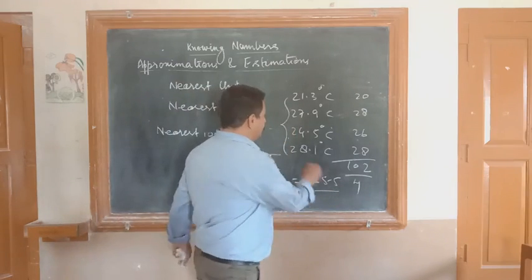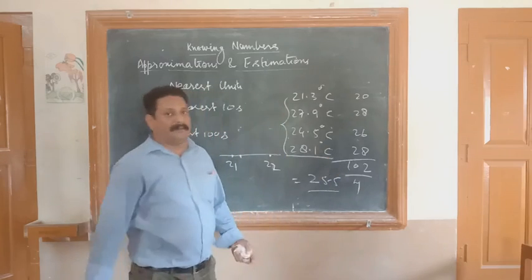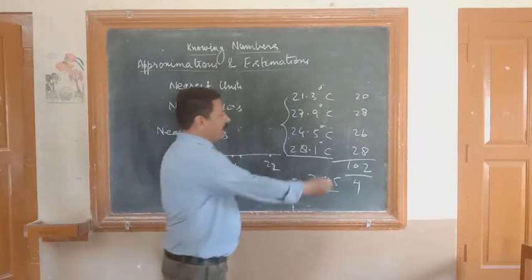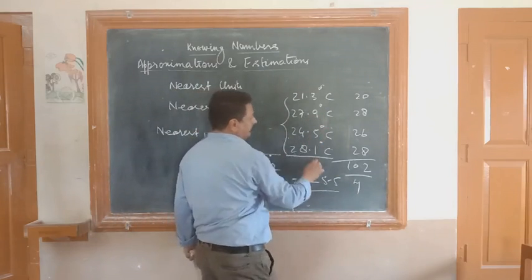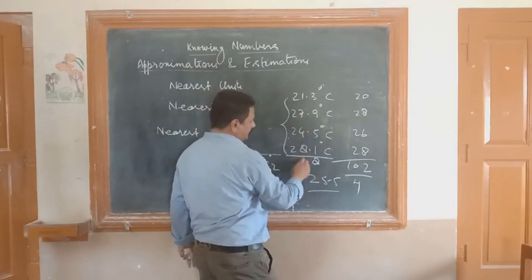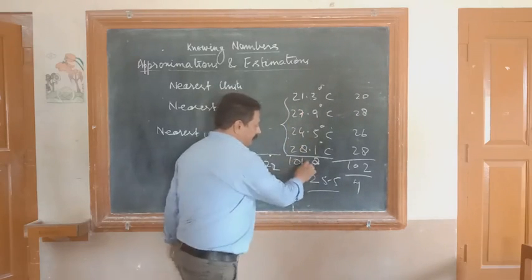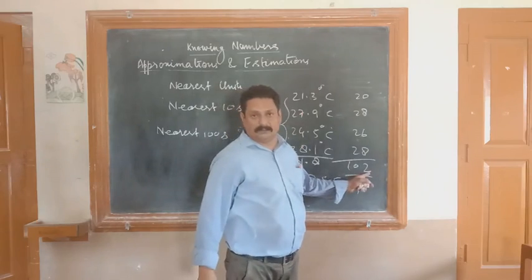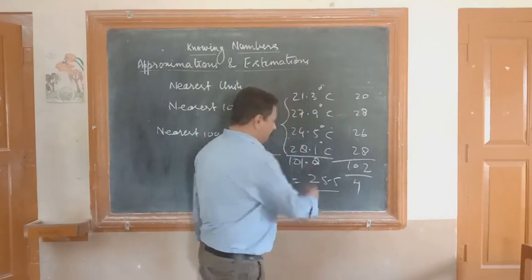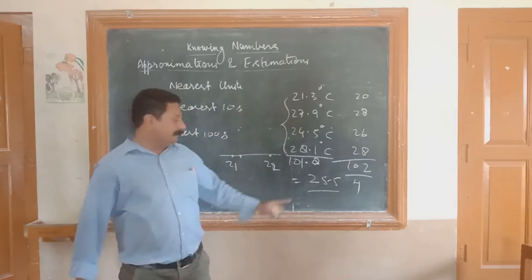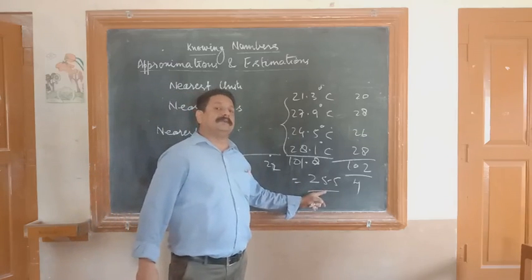Now what happens when you calculate the absolute average, actual average, you will have to add them all. 101.8. See, it is very closer to 102, right? Now divided by 4, you will get the absolute value. This is the estimated value, approximate value.